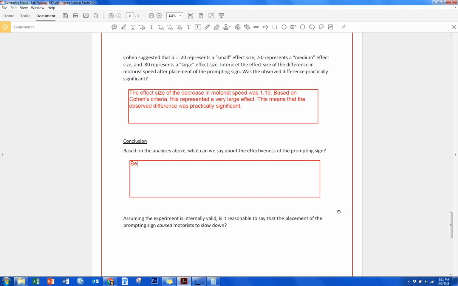All right. So again, I always like to put this in practical language, in everyday language, so we're not just ending with some numbers. We want to interpret those and make sense out of it.